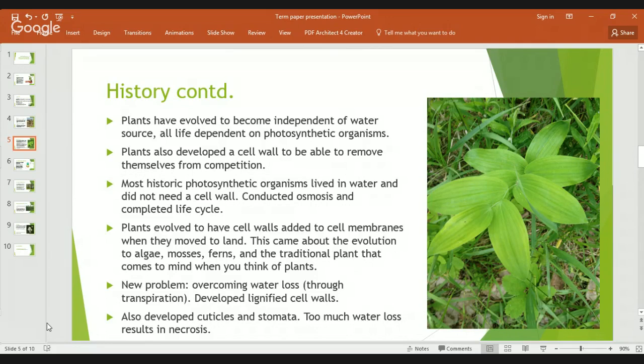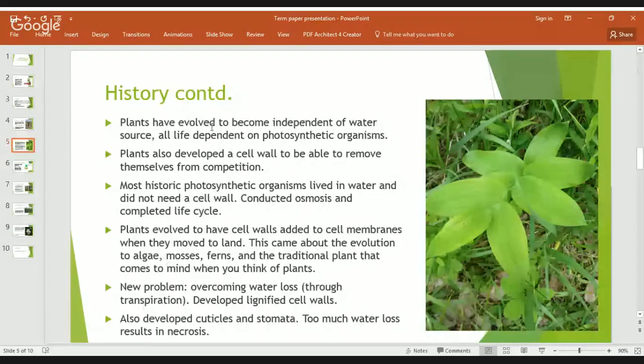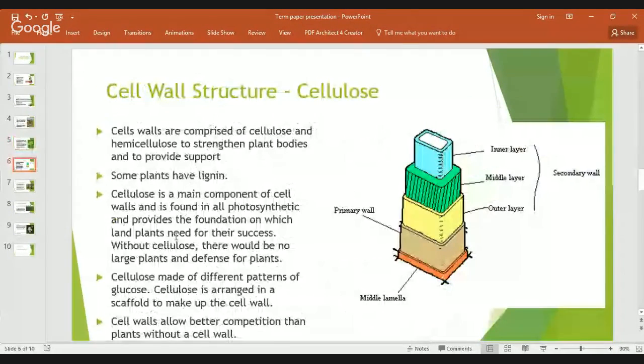They also evolved to have cuticles and stomata. The cuticle is the waxy covering on the leaf, and the stomata is the structure that controls the amount of CO2 let into the leaf. And too much water loss also results in necrosis, or death of the plant.